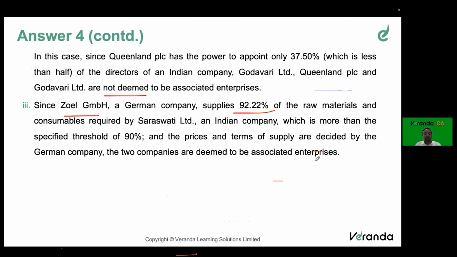So that is how you calculate this 92.22. Since it is more than the threshold of 90%, this is a keyword here, and the prices are decided by the German company. So in this case, both the entities will be called the deemed associated enterprises. So that's what this provision is about.